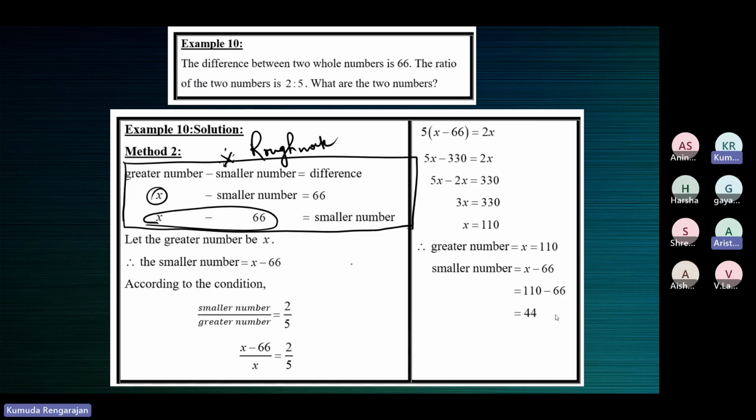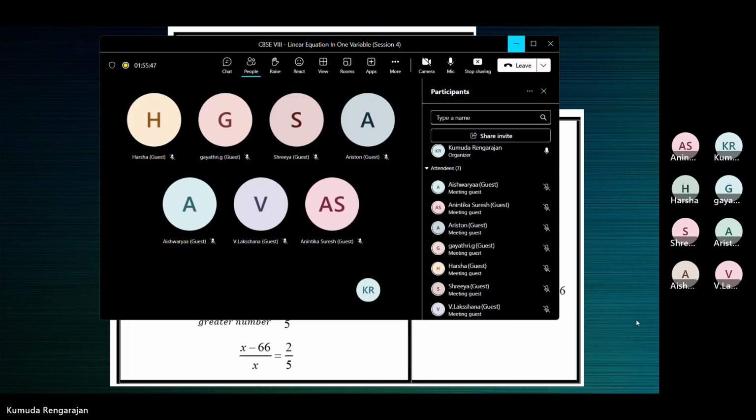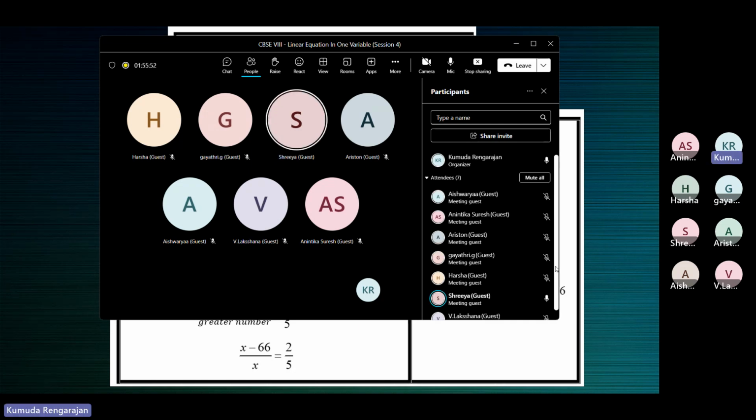Is morning fine for all of you? Who is that? Me, ma'am, Shreya. I usually don't wake up by that time in the morning. I'm not going to conduct a class every morning from 8 to 10.